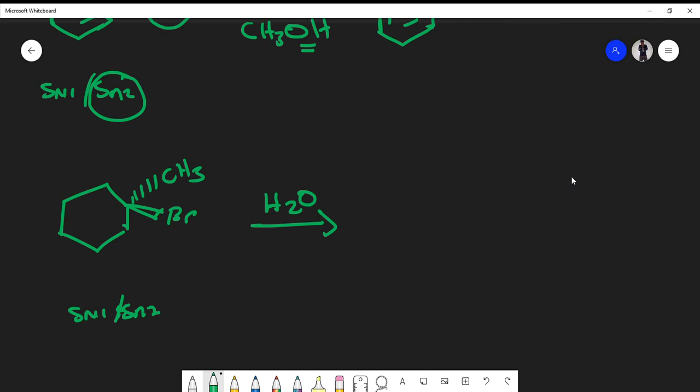I'm looking at a tertiary alkyl halide. There's no hydrogens on the carbon. Remember we said that you never do SN2 reactions on a tertiary alkyl halide. So that immediately should signal that we're dealing with the SN1 reaction. Now, what else can we look at to support the SN1 reaction?